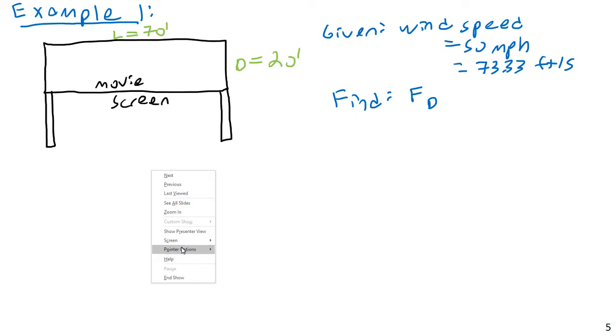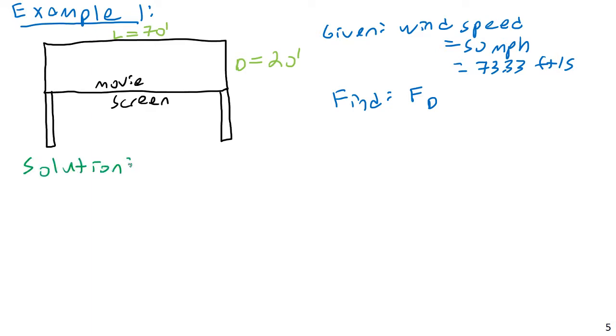So, solution. Actually, I could carry this a bit forward. I could ask for the power required for this sign to overcome the force of drag. Well, in this case it would just be 0, because this thing isn't moving.